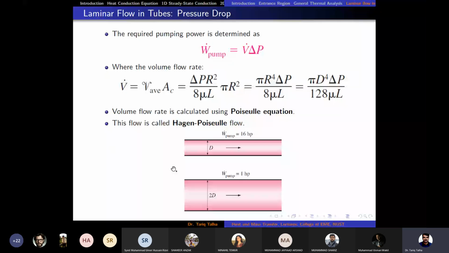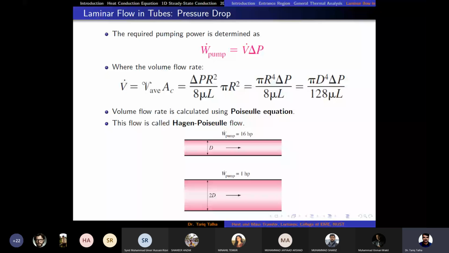So for a narrow pipe, if we want a fixed flow rate, then we would need 16 times more horsepower for the same volume flow rate compared to the wider pipe. With a double diameter pipe, we would require less horsepower, if the volume flow rate is the same for both pipes.